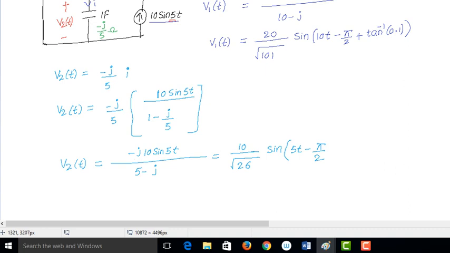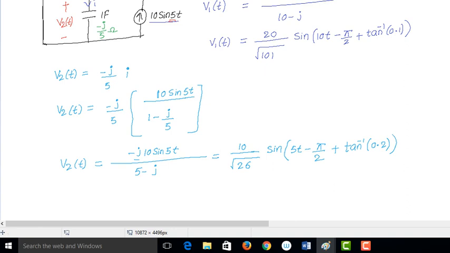Because minus j means the phase angle is minus pi by 2, and then plus tan inverse of b by a. So it is b by a, 1 by 5, which is 0.2.